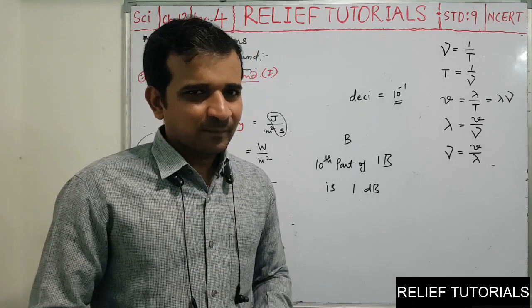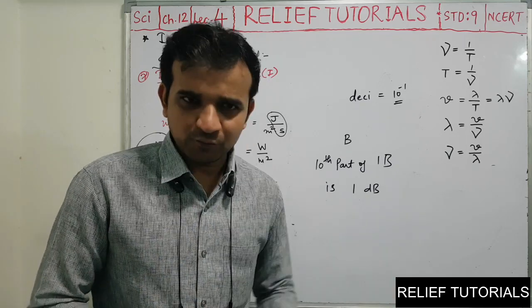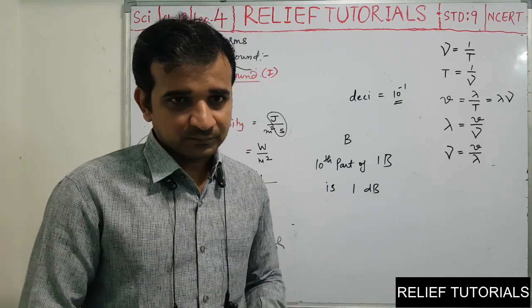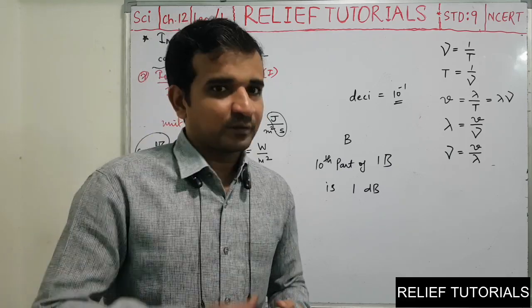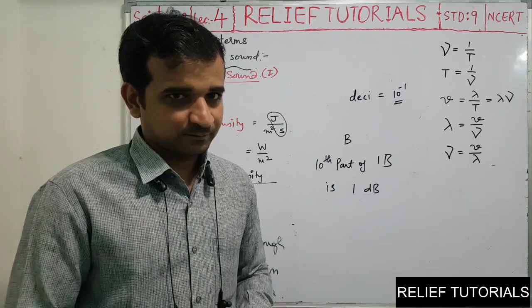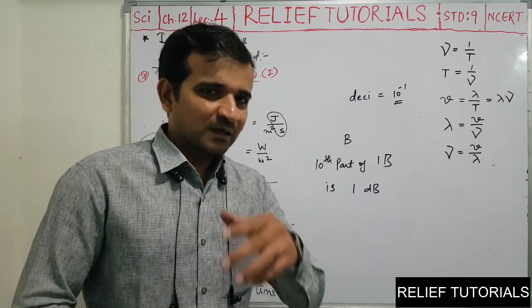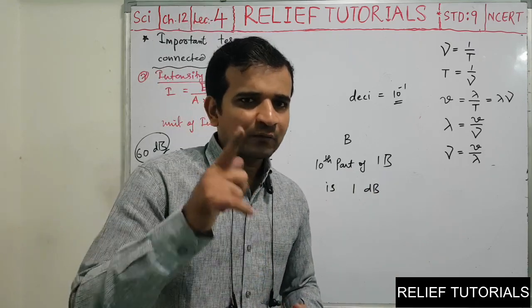Now, loudness has no exact definition. It depends on amplitude, but has no definition, because loudness is different for different people. It depends on the capacity of the ear, of hearing. For example, you and your family members are sitting in the living room watching TV.